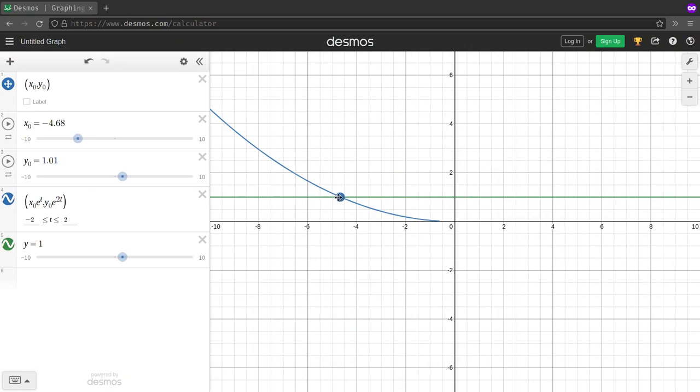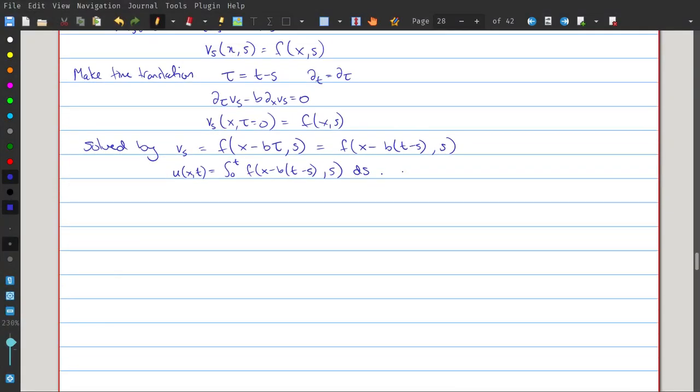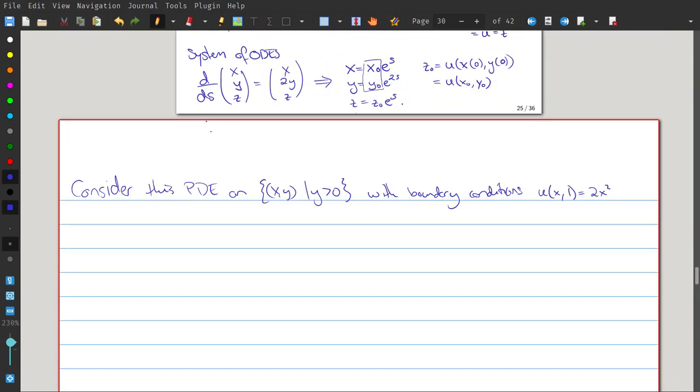And if we know the value of the function for an initial condition, then we know it all the way along the characteristic by solving this ODE.